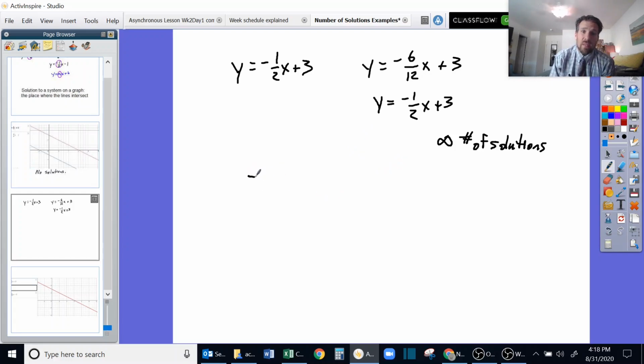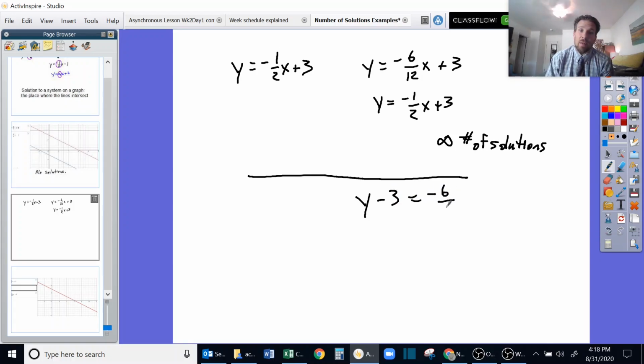Now, before I go away from this example, I want to show you the way that it more likely shows up. And that is that you might have this second equation disguised a little bit more. I already tried to disguise it by making it 6 out of 12, which you quickly saw was 1/2. But sometimes we'll get an equation that is not in y equals form, not in slope-intercept form, and you might get something that looks a little bit like that.